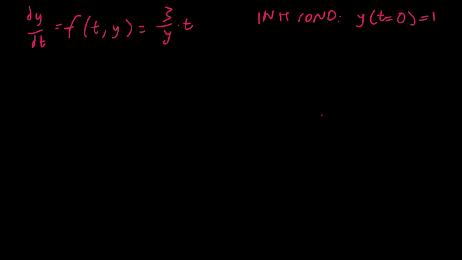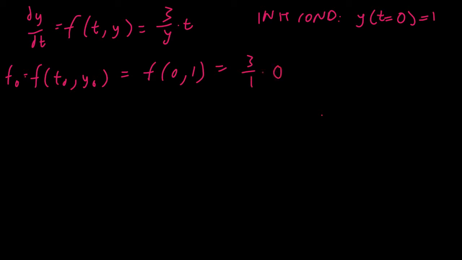The first step of the Euler solution is to compute f at our initial condition. So f0 is equal to f(t0, y0), which is f(0, 1), equal to 3 over 1 times 0, which is equal to 0.